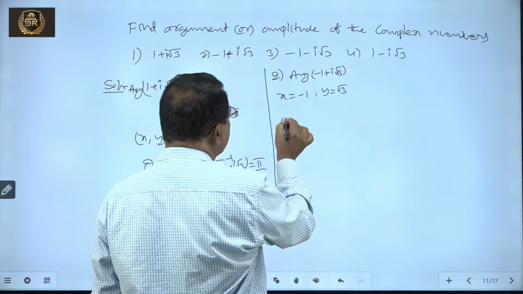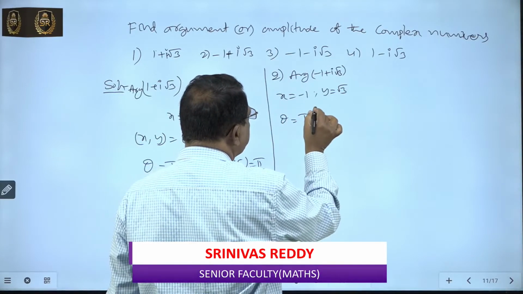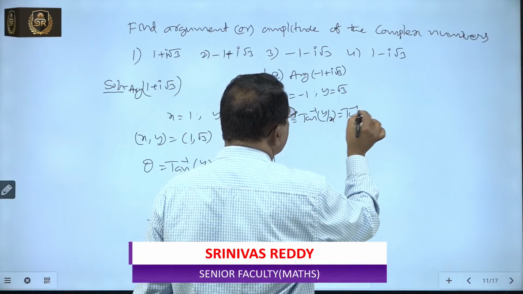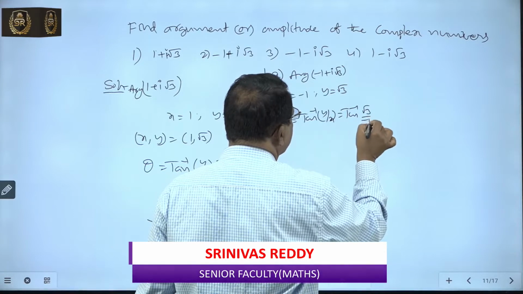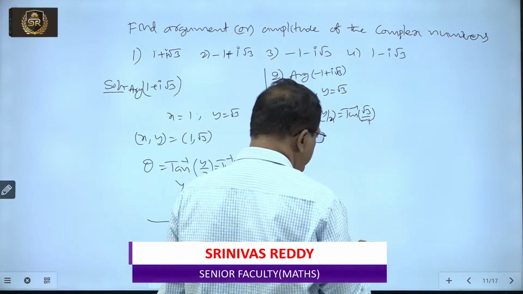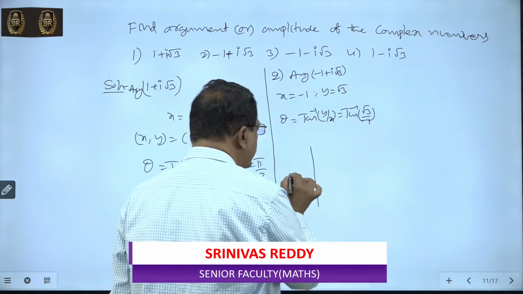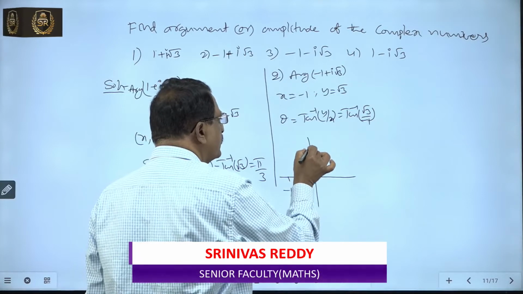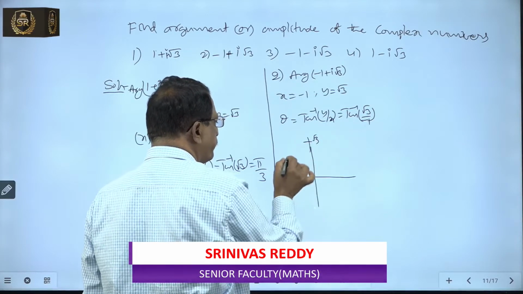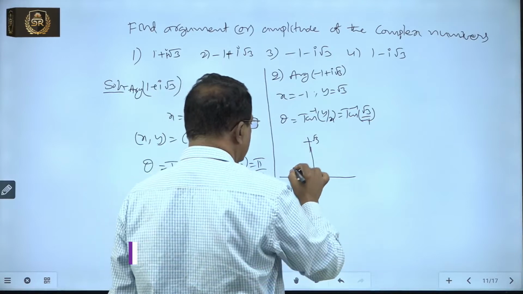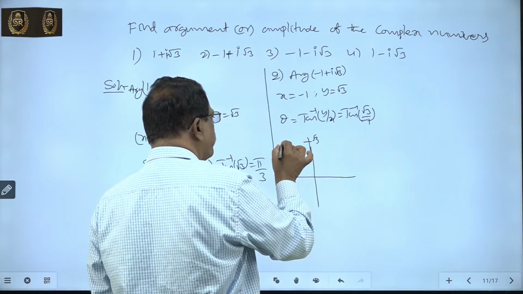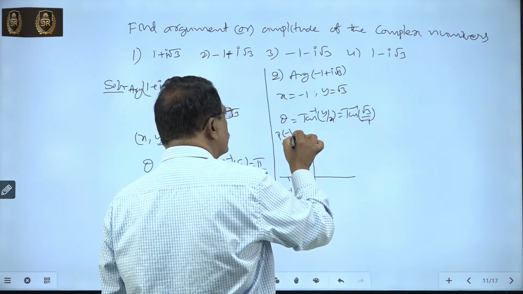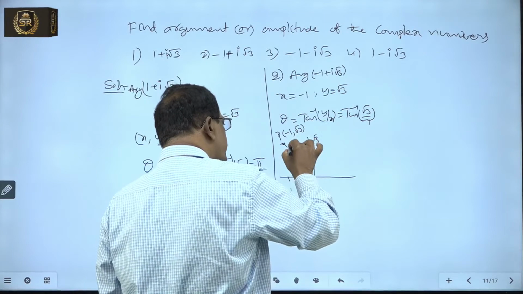Therefore first theta equals tan inverse y by x, that equals tan inverse root 3 by minus 1, or tan inverse minus root 3. See it in the second quadrant, minus 1 and root 3, the point P. Consider minus 1 comma root 3, OP.